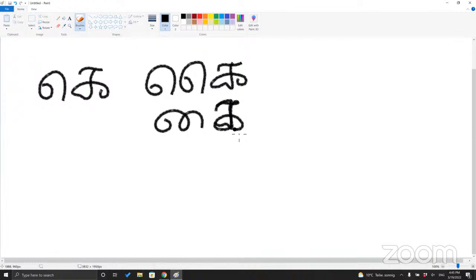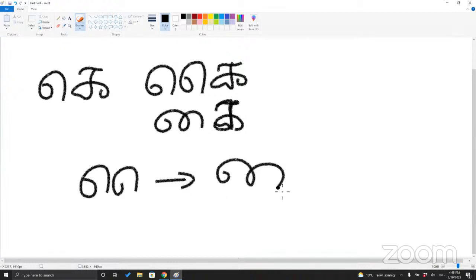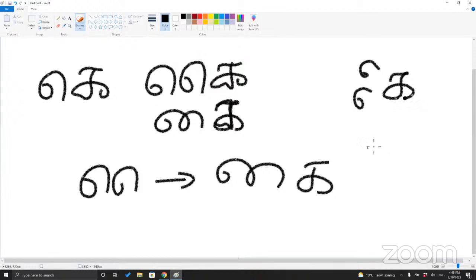You can see that it's very, very similar. So if you have two A's and you want to write them fast, they get joined, which pretty much gives you the Tamil Kai. In fact, if you go to inscriptions, it's common to find them like this, on top of each other. It's basically two of them combined in cursive handwriting that will give you the Tamil, but it's the same principle.